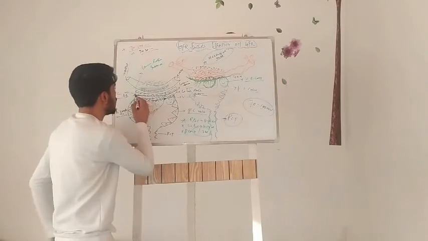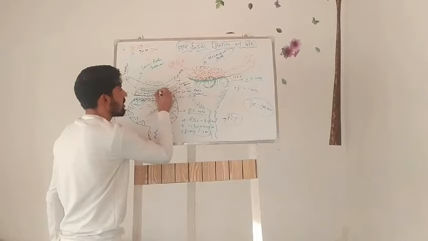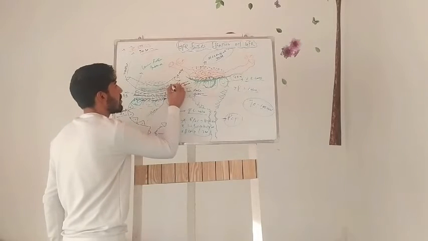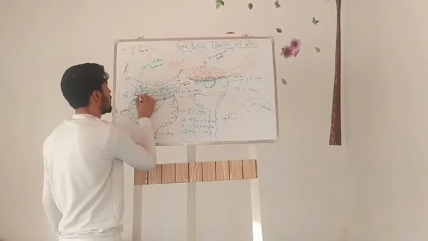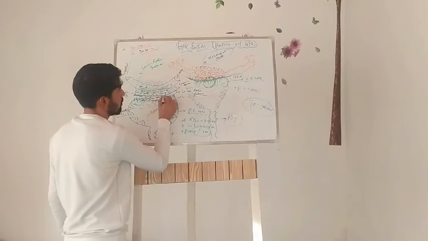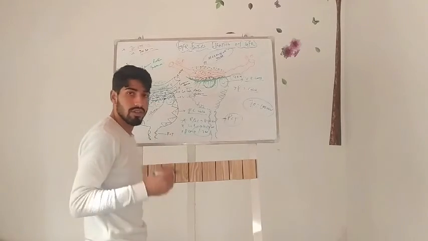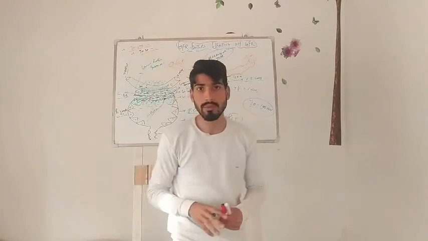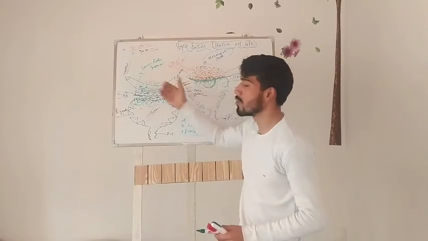Because the GBM, the visceral epithelial cells, and the capillary endothelial cells are negatively charged, and albumin is also negatively charged. So when the albumin comes here, they repel each other and the albumin goes back.